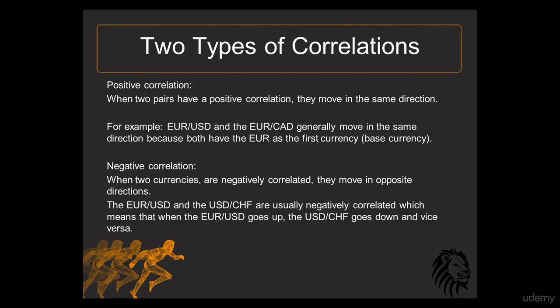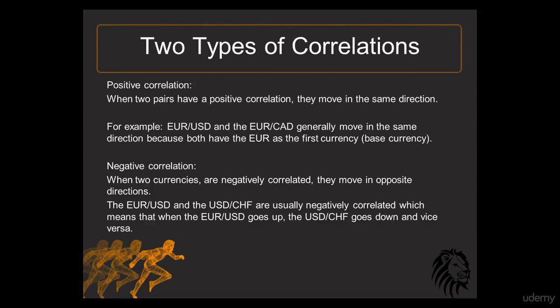When two pairs have a positive correlation, they move in the same direction. For example, the euro dollar and the euro Canadian dollar generally move in the same direction because both have the euro as the first currency, which is also known as the base currency.